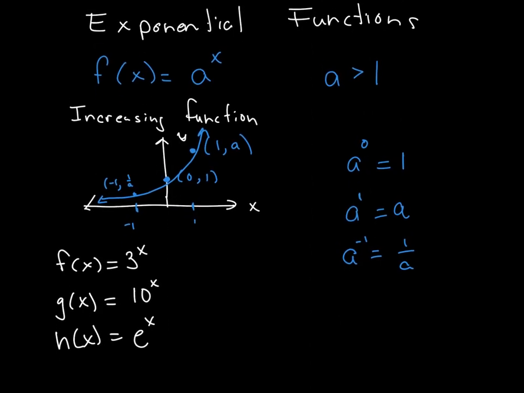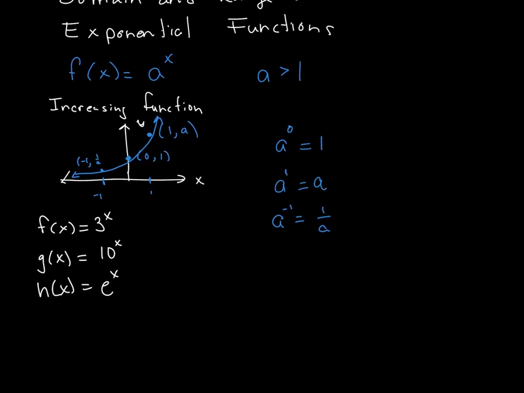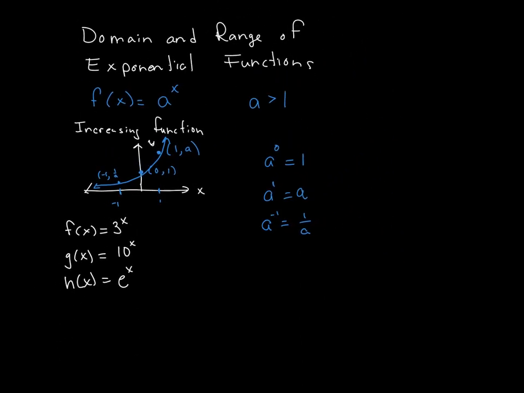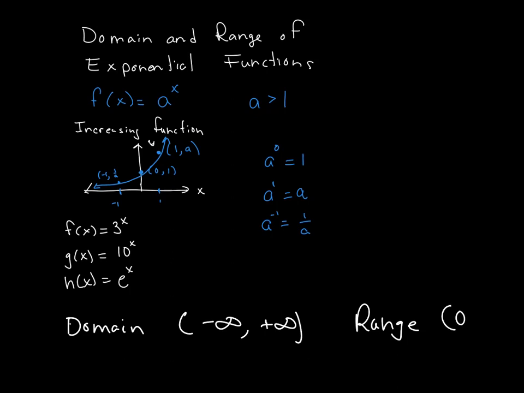What does the domain and range look like for this? So the domain is all x values, so the domain goes from -infinity to +infinity, and the range is only positive values, so the range goes to 0, and I want parentheses around 0 because 0 is not included, and that goes to +infinity.